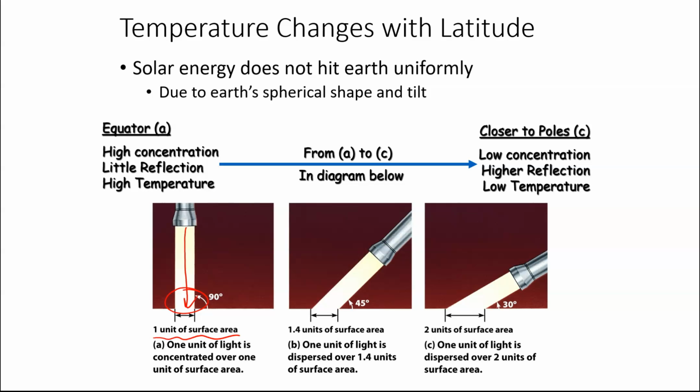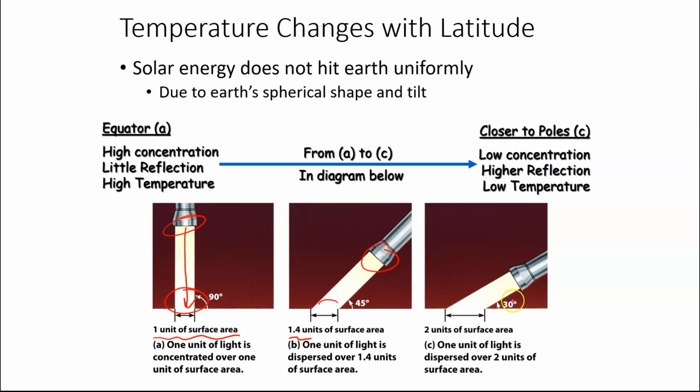Now, if we go to halfway between the equator and the pole, so for example, Walla Walla, we're right about 45 degrees north, right? That same unit of light, the same amount of energy, right? But it gets spread out over greater surface, and therefore any one point on that surface is receiving less intensity of light, right?